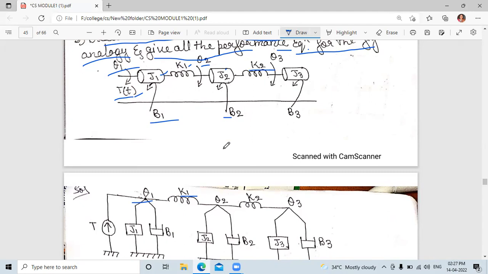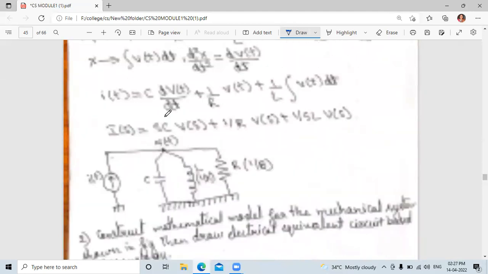J2 is not considered like that. We will not consider it between the displacements. Already we have discussed why we will not consider it between the displacements. I think you can remember that.